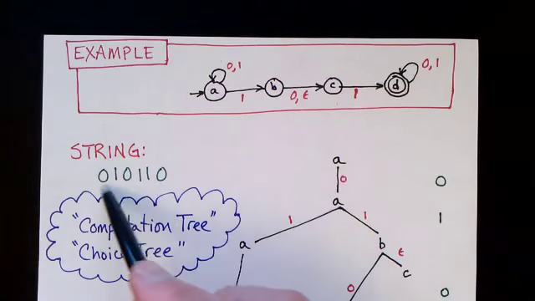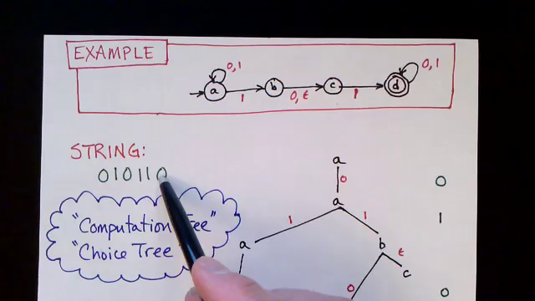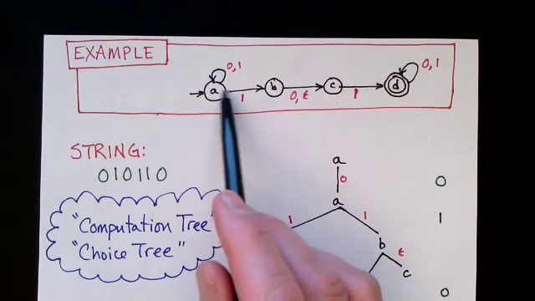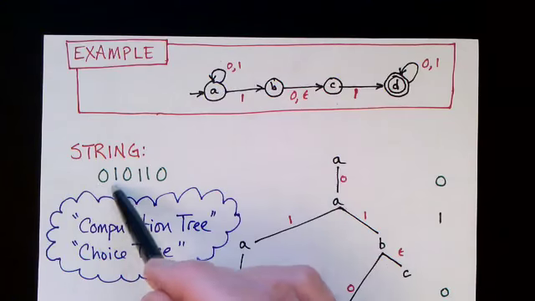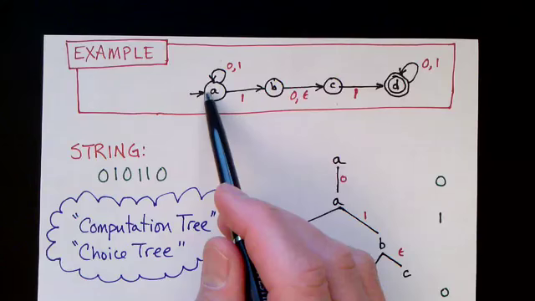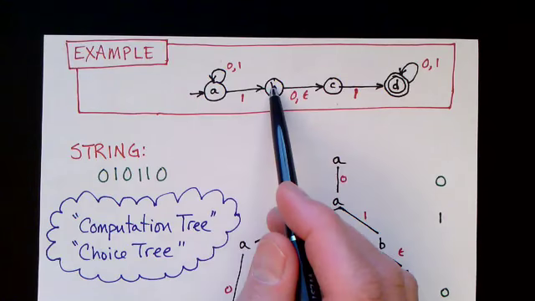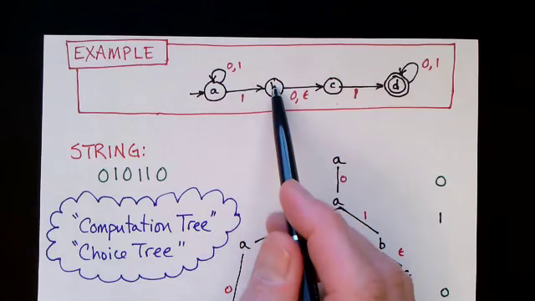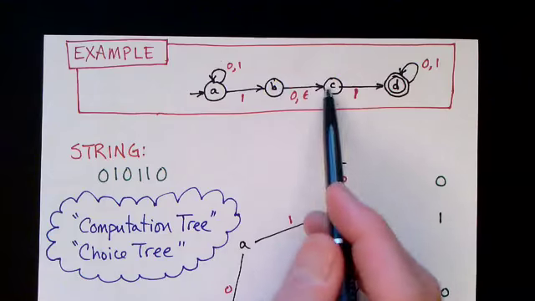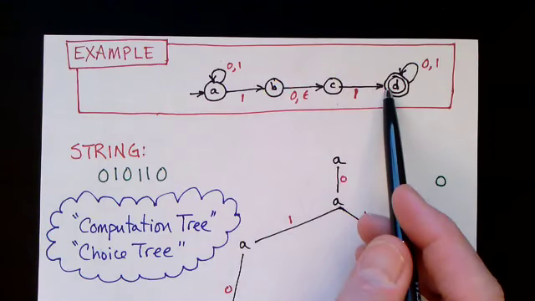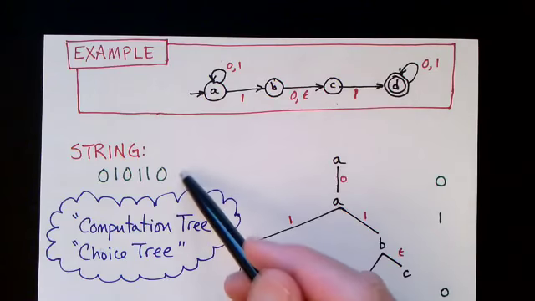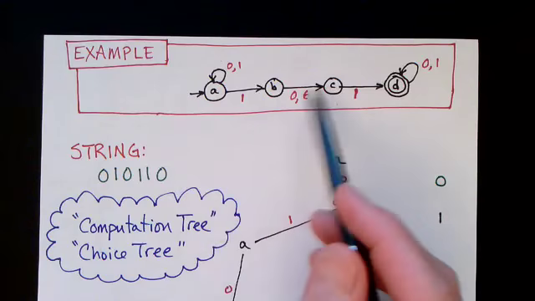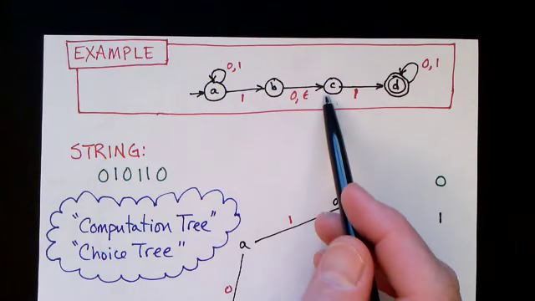But let's look at the string 0, 1, 0, 1, 1, 0. Can we get through this machine with that? Well, 0, 1, we could do 0, 1 and get us to B after the second symbol. And then we can do 0, 1 again and 1, 0. So we can see that this string is an element of the language that's recognized by this machine.